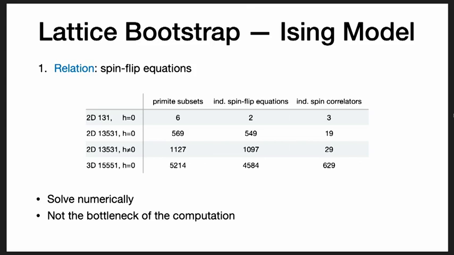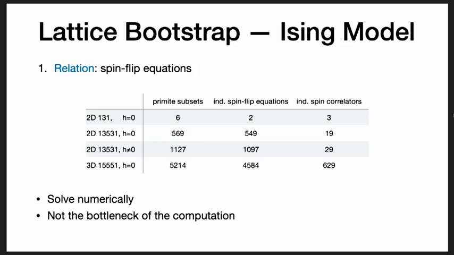Just to give you an idea of how big this problem is, in hopes that experts in the optimization community can give some words of advice on how to tackle these problems. Maybe not on this side, because this turns out not to be the bottleneck of the computation. We did this first column in the smallest 131 diamond, where we saw that there are naively 6 variables. Here I'm including the empty set, so it was actually 5.